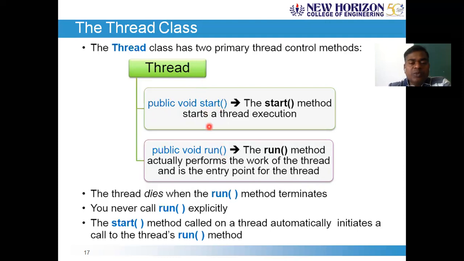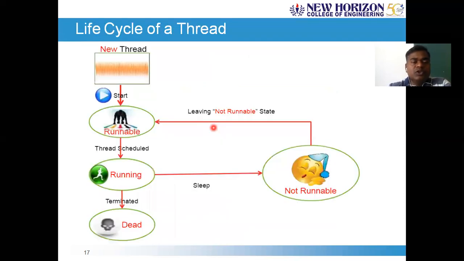A developer needs to call the start method in order to begin the execution of the thread, and in turn, start will call the run method. Once run completes the task assigned to it, it returns to the caller and continues with the other operations. That is what we call the life cycle of a thread.